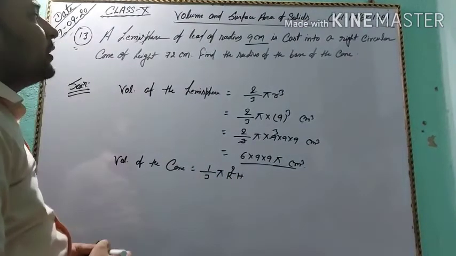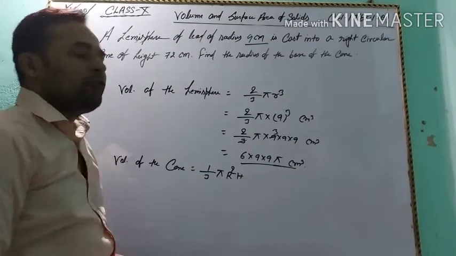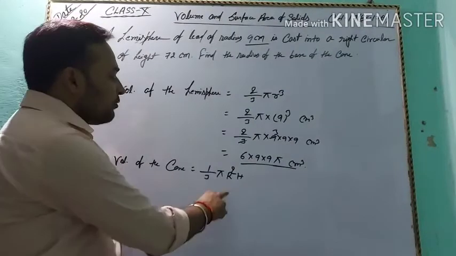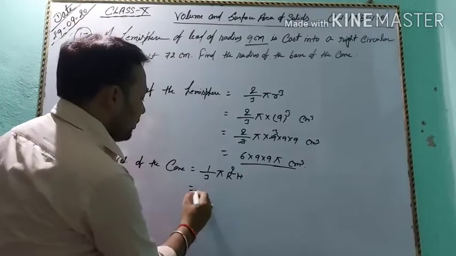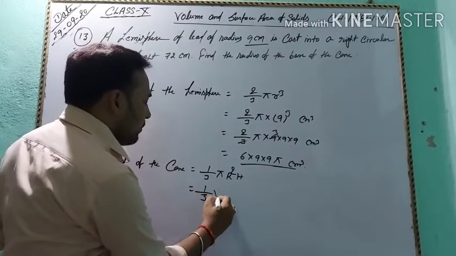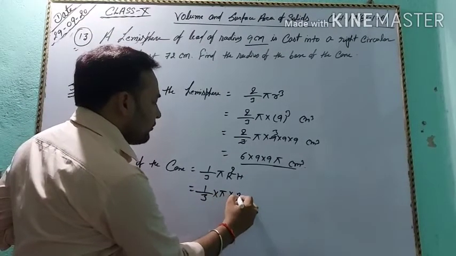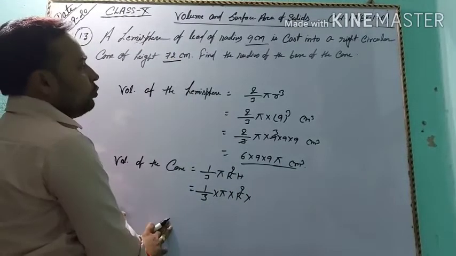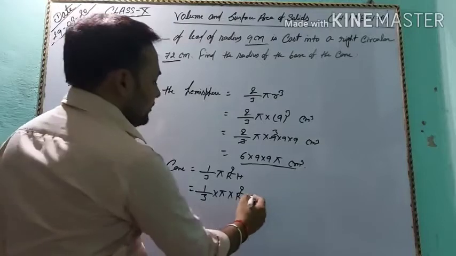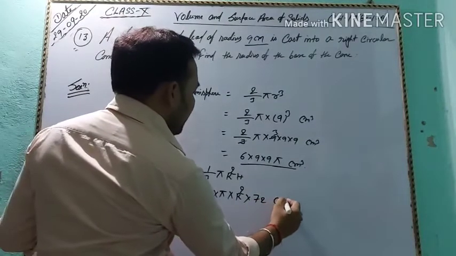We need to find the radius of the base of the cone, so let the radius of the base of the cone be capital R. So 1/3 pi R square, and the height of the cone is 72 centimeter.